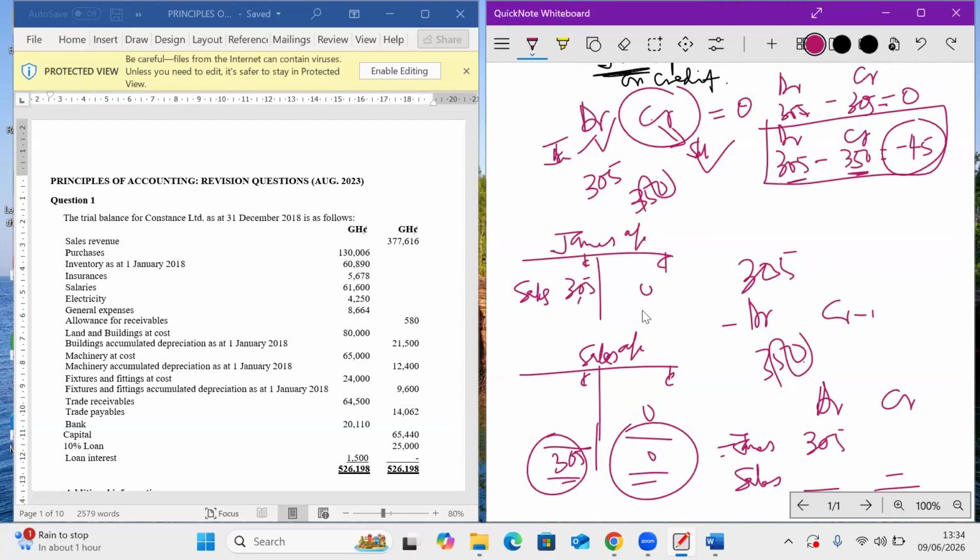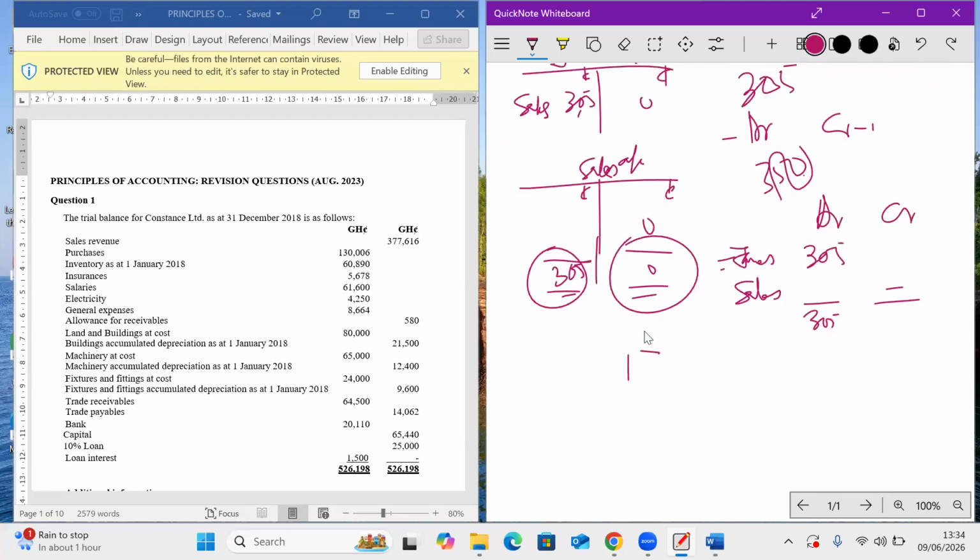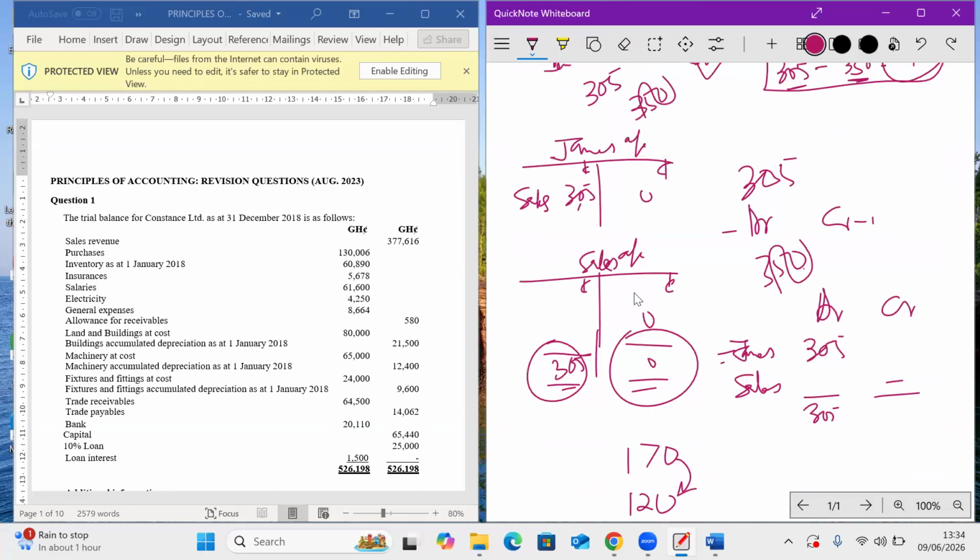Error of casting is similar to error of transposition. So I can have like 170, and then under casting is like understatement. I'll state like 120. So instead of 170, it is 120. In the case of the James example, let's still use the 305.